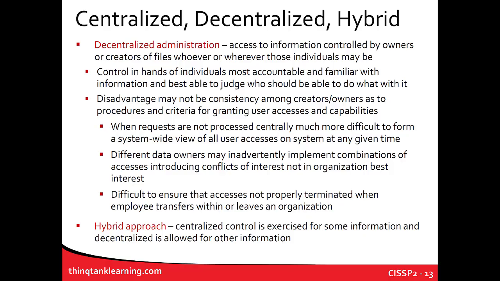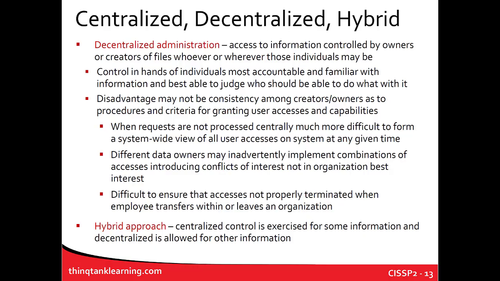There can be inconsistencies in how access is granted by different individuals. Different individuals might have different perspectives. There can be a lack of visibility into overall system-wide access. You could have conflicting permissions, which ultimately would result in security gaps.